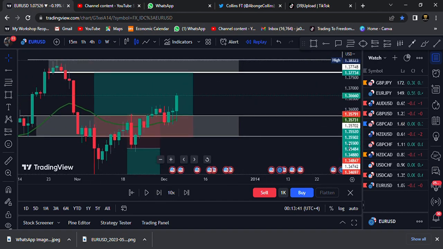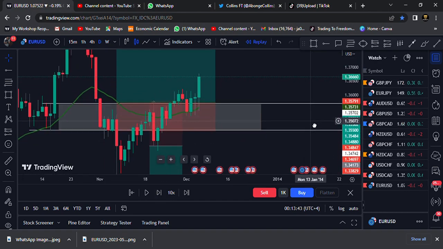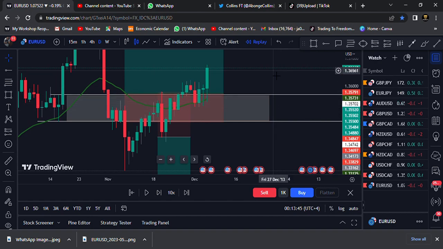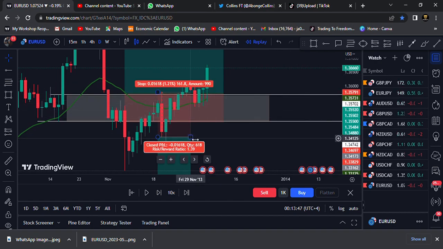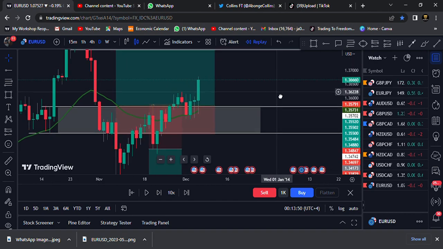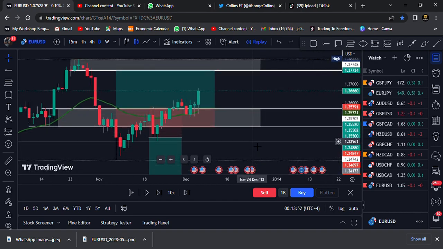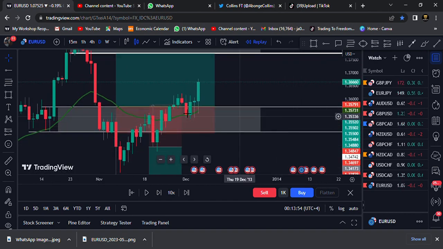The second trade already at this point, guys, I can say we have recovered from our loss. If we hit our profit here, we have recovered and we are profitable.